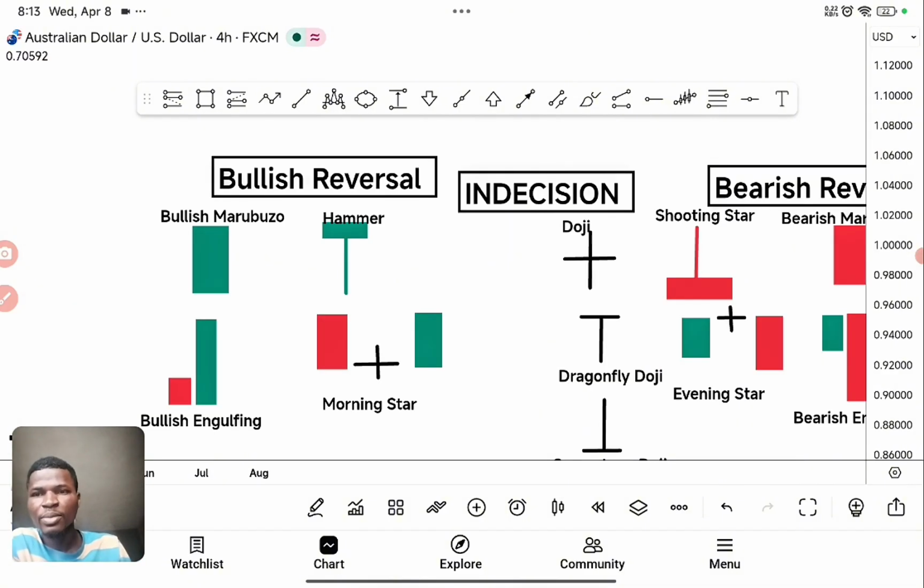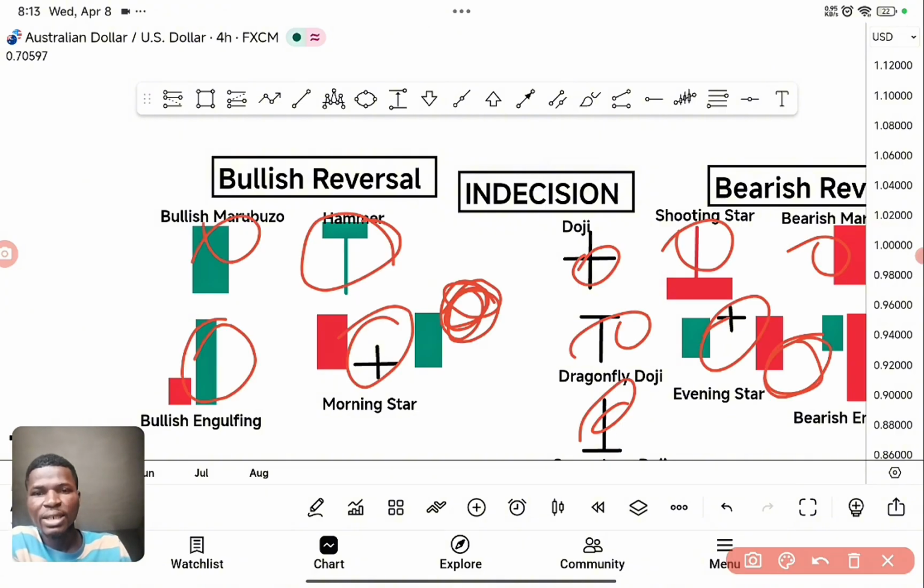Let me use the hammer. This hammer is a bullish reversal candle. As you can see, the sellers are in control. They are moving the price down like this. It's just one candle I'm trying to explain.